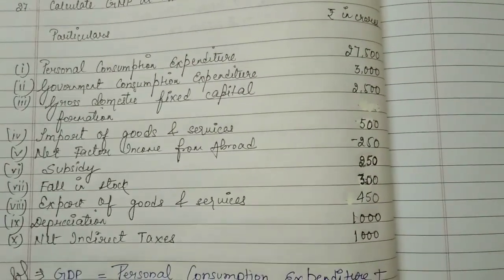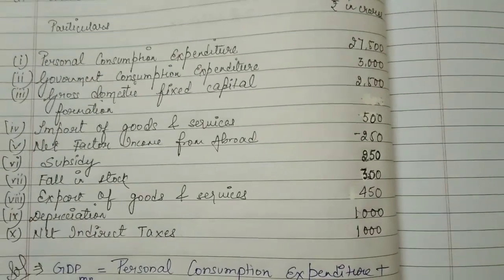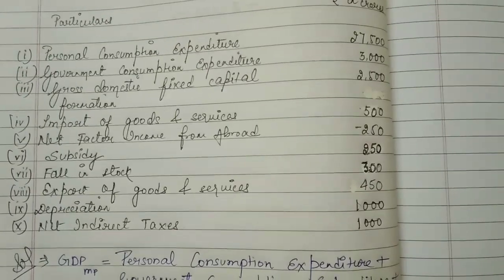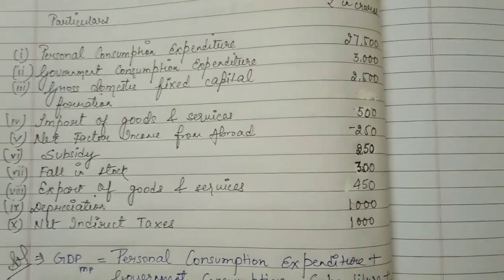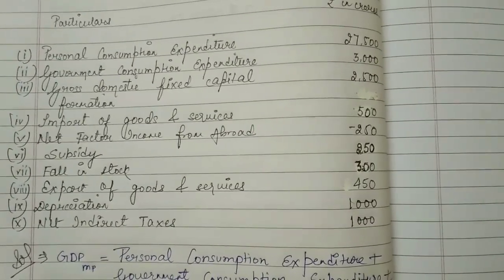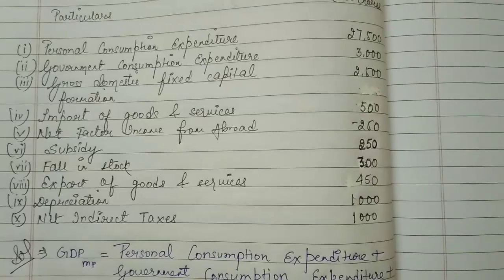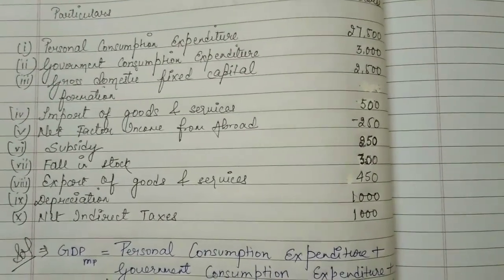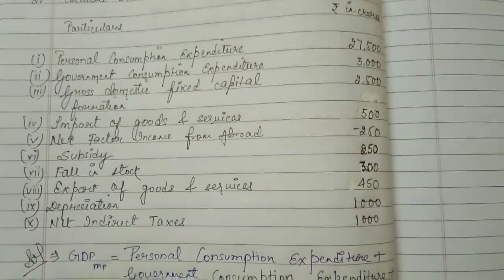The amounts are: personal consumption expenditure 27,500, government consumption 3,000, gross domestic fixed capital formation 2,500, imports of goods and services 500, NFIA minus 250, subsidy 250, change in stock minus 300, exports of goods and services 450, depreciation 1,000, NIT 1,000.